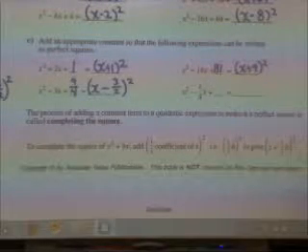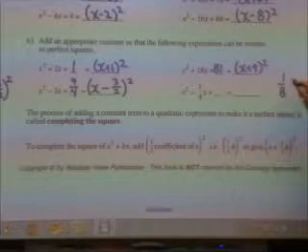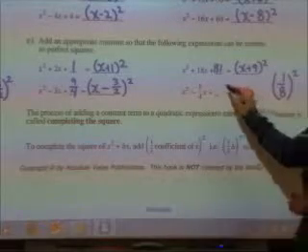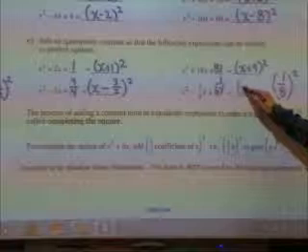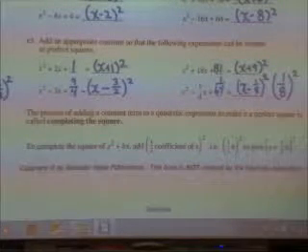So imagine it. If I take a quarter and I cut it in half, what am I going to have? An eighth. Square it. What will you have? 1/64. And then when I factor it, I'll get x minus 1/8.